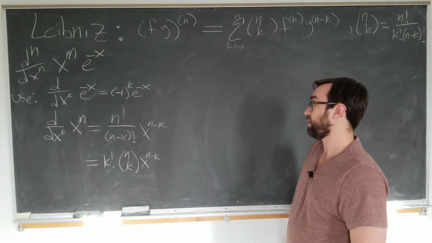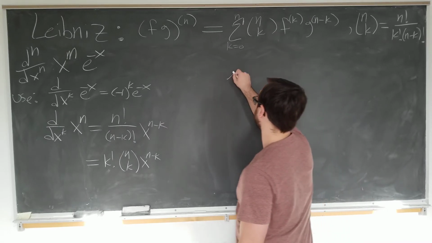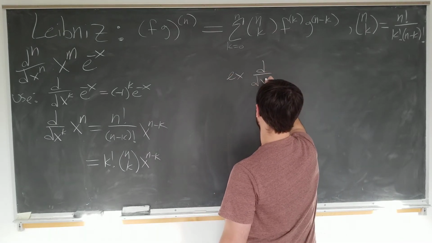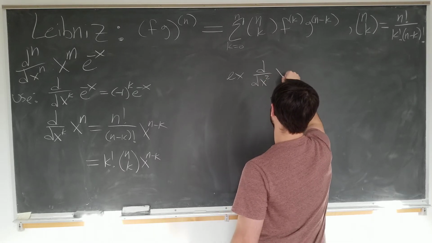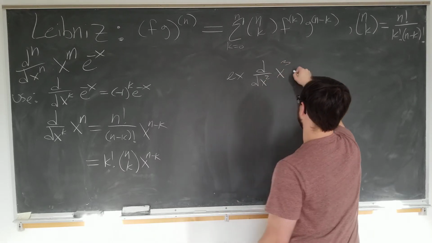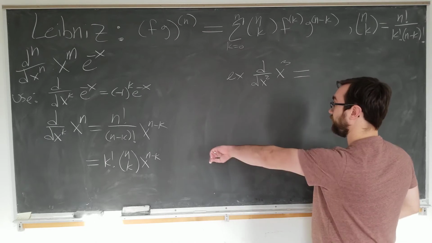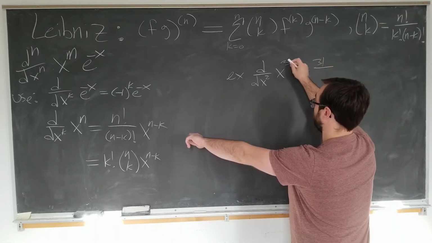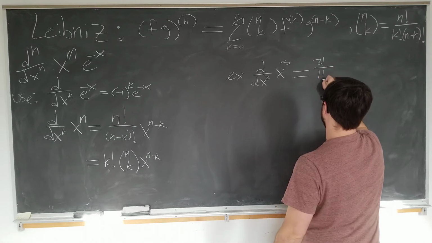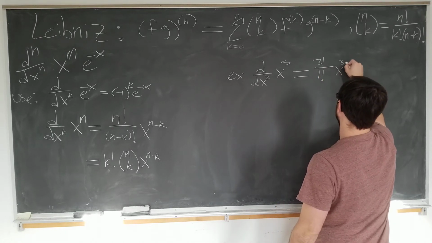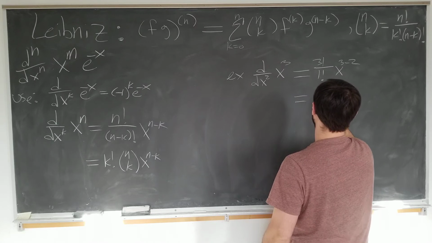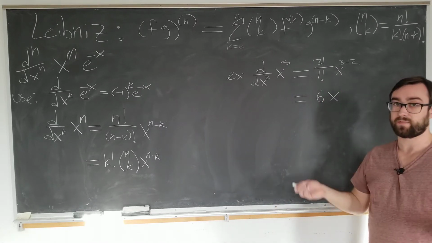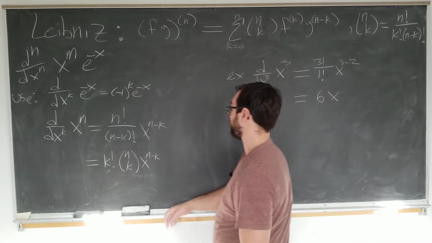But just so that you believe that it's true, an example, the second derivative of x cubed. This one should be non-zero. Well, it should be 3 factorial over 3 minus 2 factorial, which is 1 factorial, x to the 3 minus 2, which is 6x. So you should believe that it's true, at least, since it holds in this one special case.